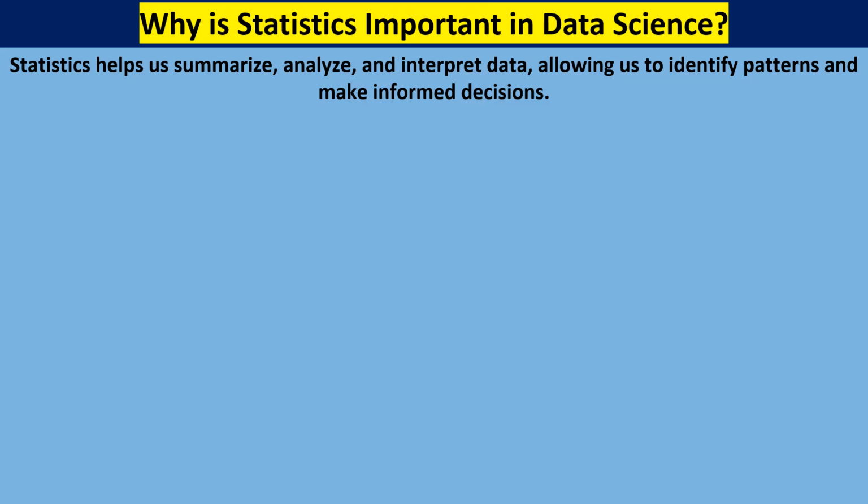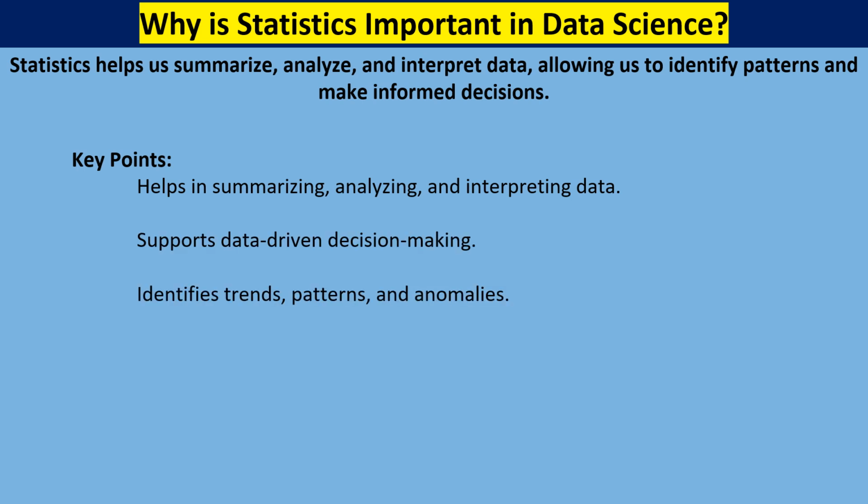Why is statistics important in data science? Statistics helps us summarize, analyze, and interpret data, allowing us to identify patterns and make informed decisions. In this lecture, we will explore how statistics helps us understand data science, identify patterns, and make informed business decisions.